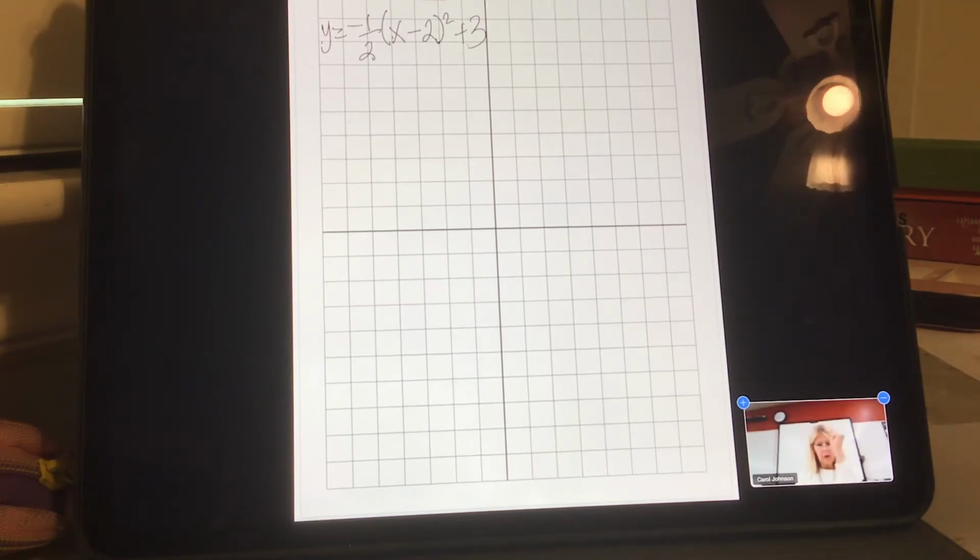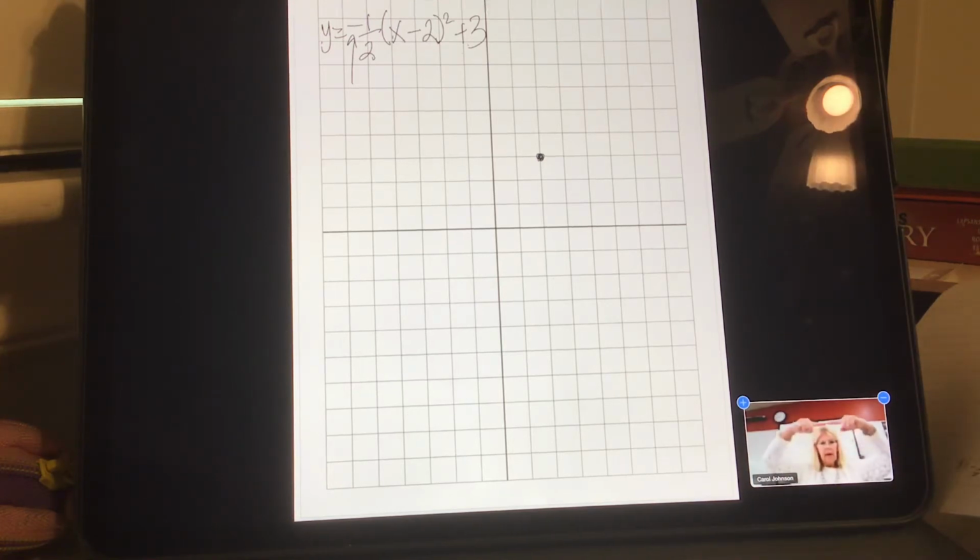That shows you that the vertex has been shifted 2 to the right and 3 up. Do we agree? 2 to the right, 3 up. So there's my vertex. You can tell because the graph is negative that it's opening down. Head wagging really helps me. I really need to be sure you understand.